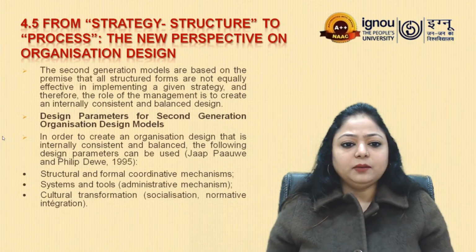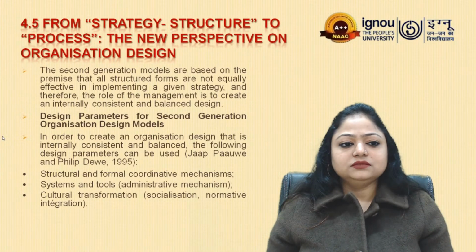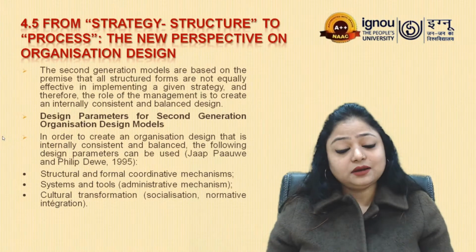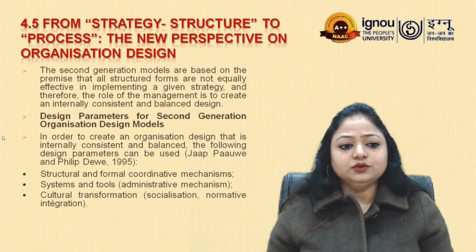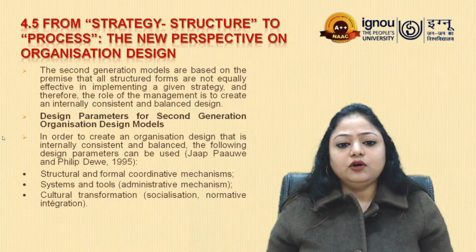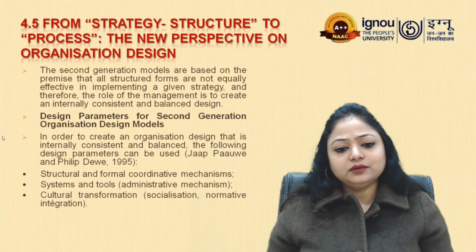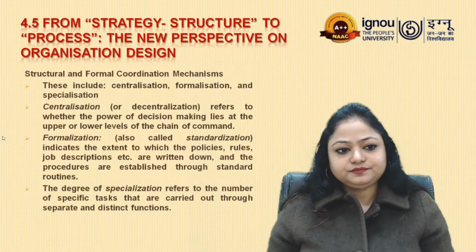So the design parameters for second generation organizational design models are, in order to create an internally consistent and balanced organizational design, the following: structural and formal coordination mechanisms, then systems and tools, that is administrative mechanisms, and cultural transformation, that is socialization, normative integration.